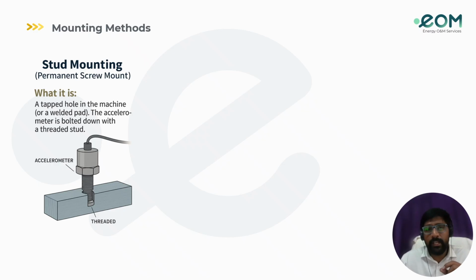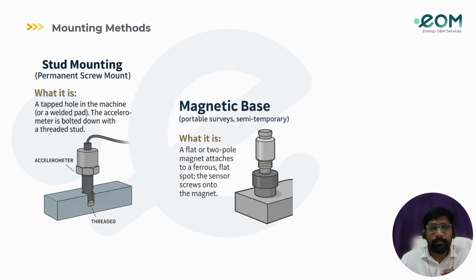This method is very apt and suitable for high frequency work, and it's mainly used in turbine generator bearings, boiler feed pumps, critical fans, and compressor bearings as well. And the second one is magnetic based, mainly used for portable surveys or semi temporary surveys.